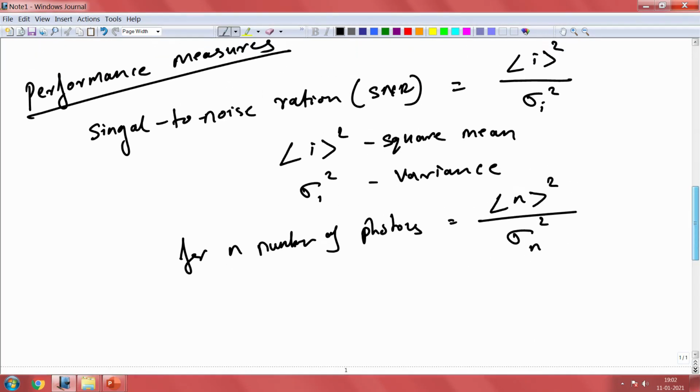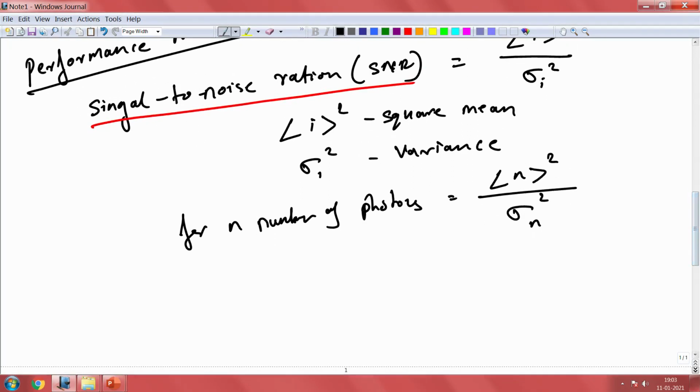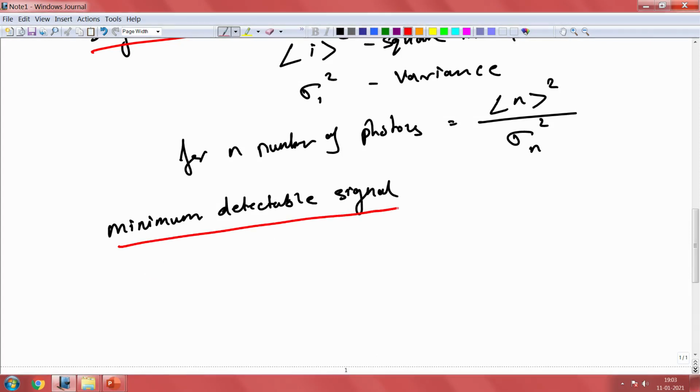And what is the minimum detectable signal? So, you have signal to noise, but what is the minimum detectable signal? That is again an important performance metric. This minimum detectable signal is nothing but the mean signal that yields an SNR of 1.